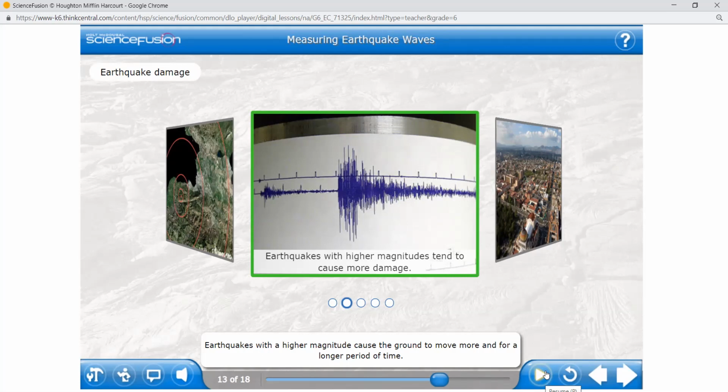Like what I'm teaching, from 4 to 9. So what number do you think makes it more shaky or destroys buildings? If you're listening to the class, you could have told me.